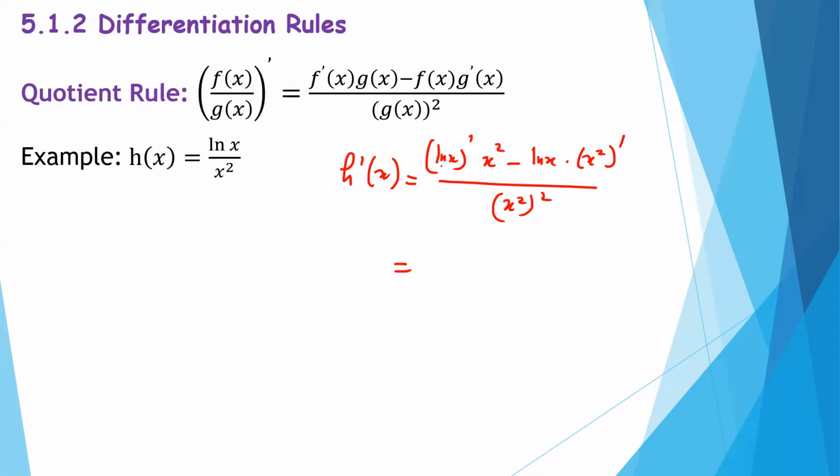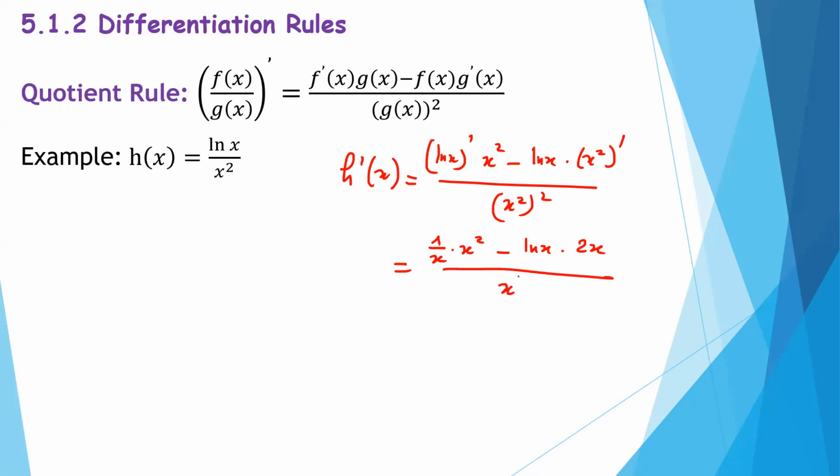What is the derivative of ln x? One over x. So it's x squared minus ln x. What is the derivative of x squared? 2x.